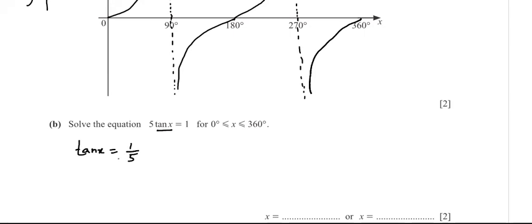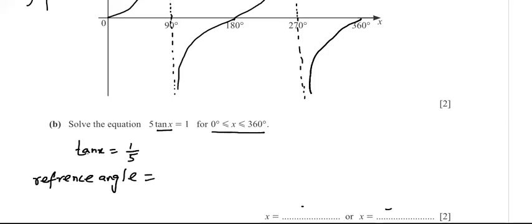Once you take that, then from 0 to 360 it will have more than one value actually. You can see here, there are even two values of x that have been asked. So what you need to do is find the reference angle. What is the way to find the reference angle?